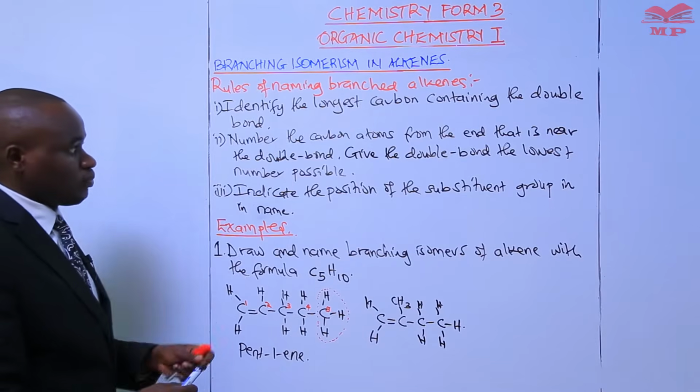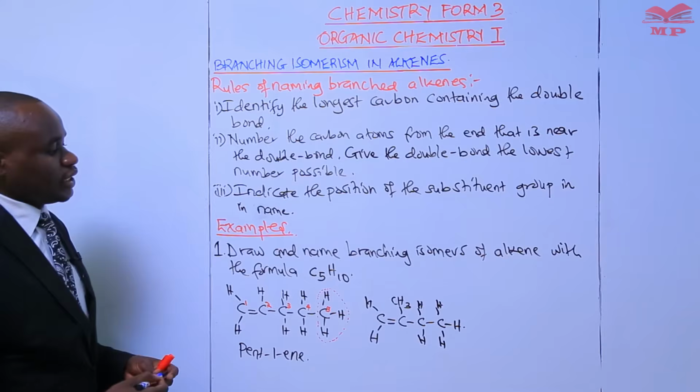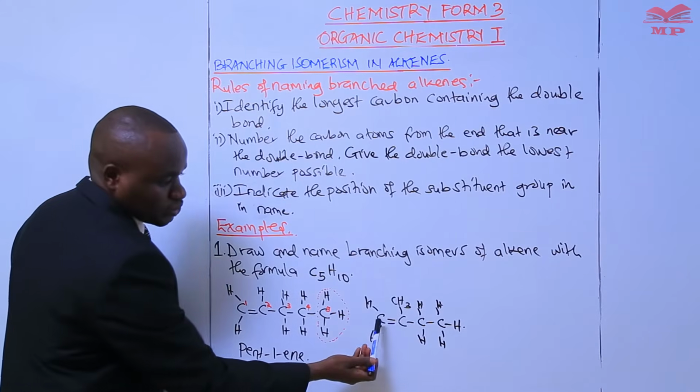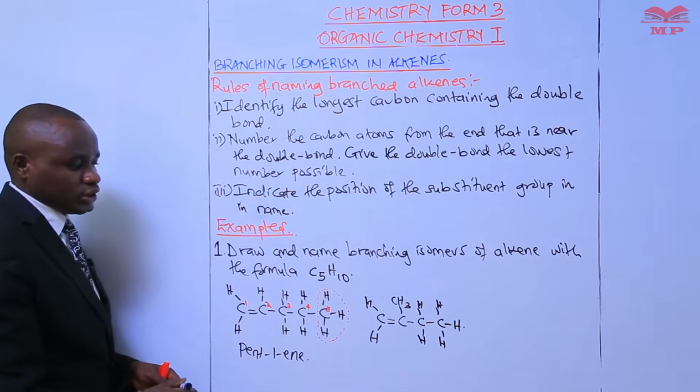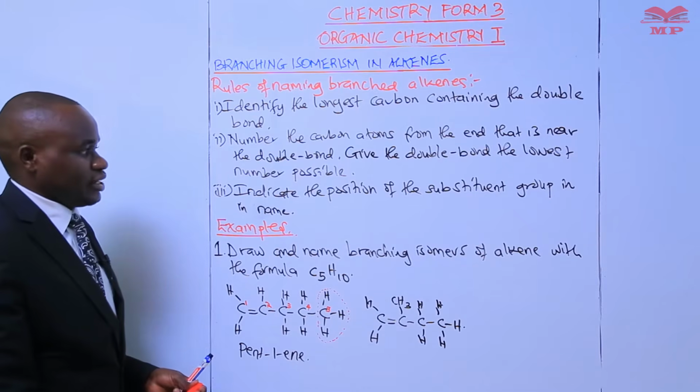Now, when giving the name, we follow the rules that we have just mentioned up here, that you identify the longest carbon chain. So the longest carbon chain is this one because it has the double bond. And then from that, you number from the end that is near the double bond.